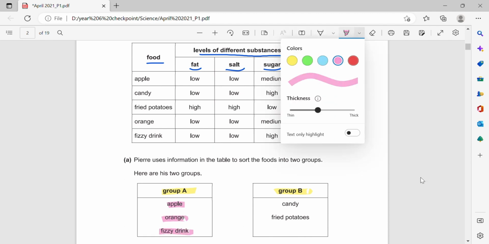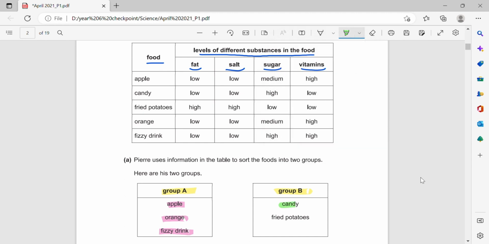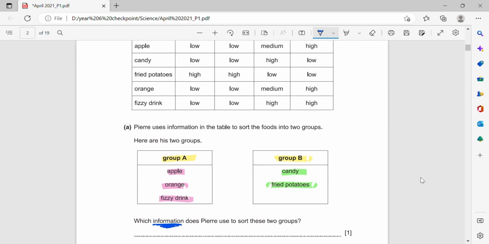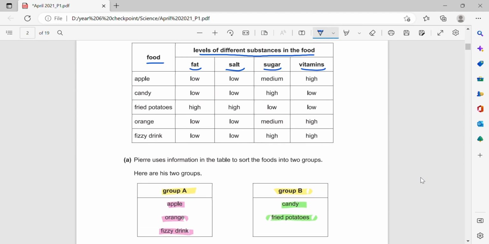In group B, he puts candy and fried potatoes. What's the question? Which information does Pierre use to sort these two groups? يبقى according to what information Pierre sorted the food into two groups.